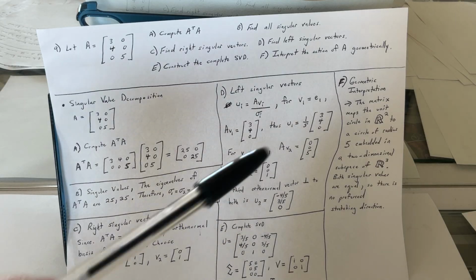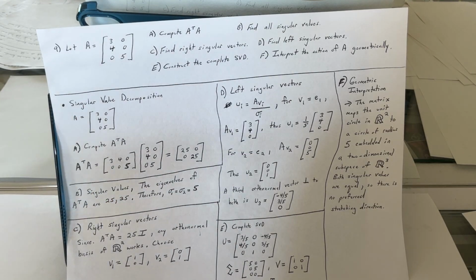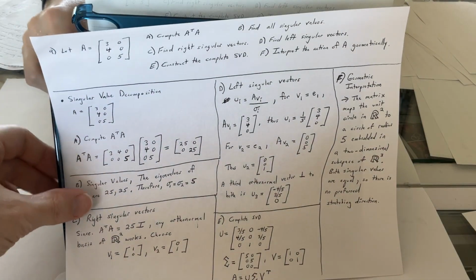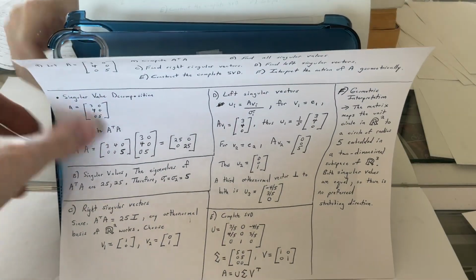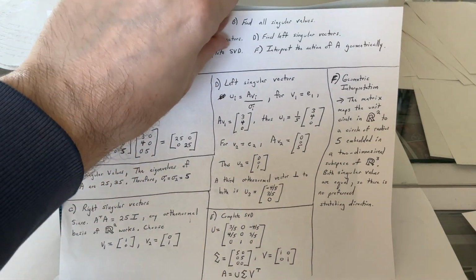Okay, complete SVD, setting this up for you. This Σ is 5, 0, 0, 5, 0, 0, and V equals 1, 0, 0, 1. And our A is going to be U Σ V transpose.